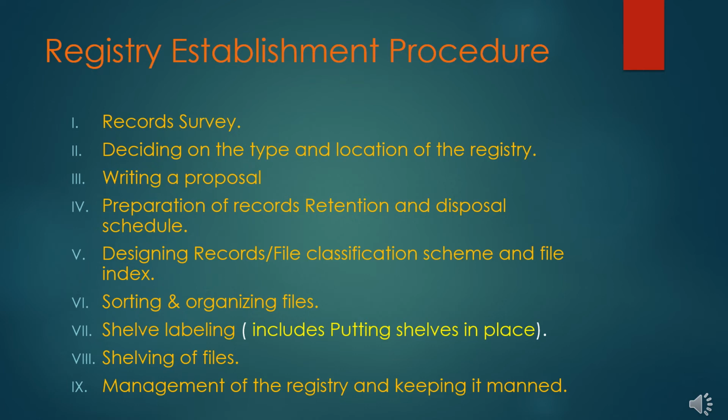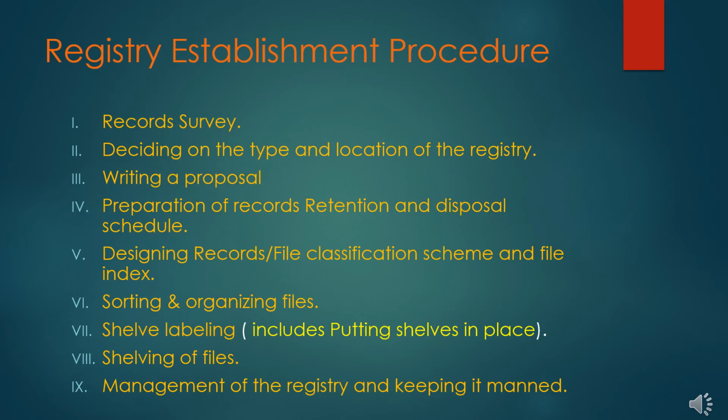After you have sorted and organized the files, you will do what we call shelf labeling and shelving of files. You will start by labeling the files according to the classification scheme that you have designed, and once you complete that, you will go to the next step of shelving the files and putting them on the shelves.